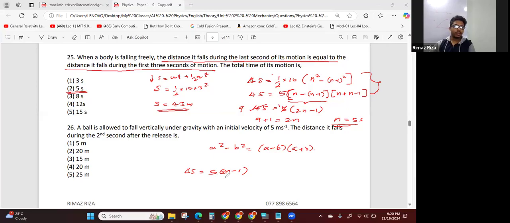So here then 5 times 2n minus 1 is equals to 45. So you can simply solve and get the answer, which is 5 seconds. Okay. Is that clear?